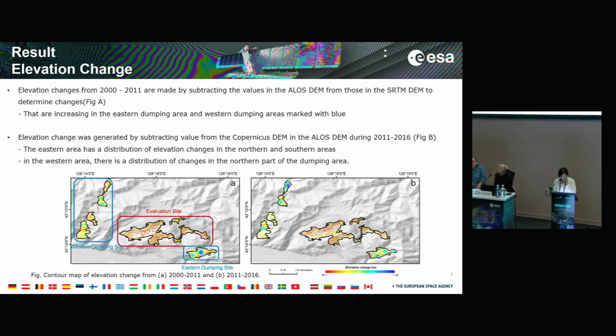Elevation change was generated by subtracting values of the Copernicus DEM from the ALOS DEM during 2011 to 2016. The eastern area has a distribution of elevation changes in the northern and southern areas. In the western area, there is a distribution of changes in the northern part of the dumping area.